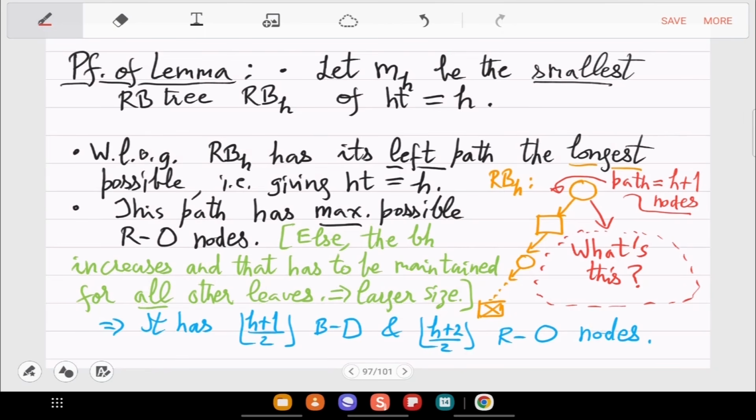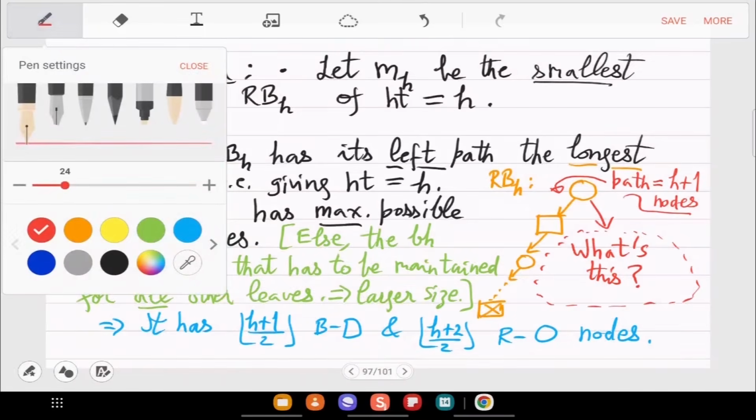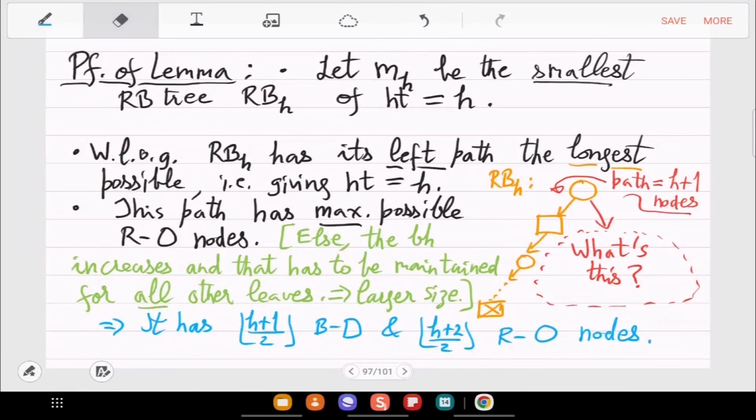So how do we correct that here? For red, we want to give more red, right? So let's make it h plus 2. And then we subtract this from h. So what do you get? H minus 2.